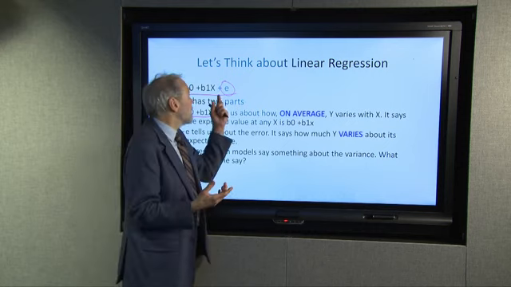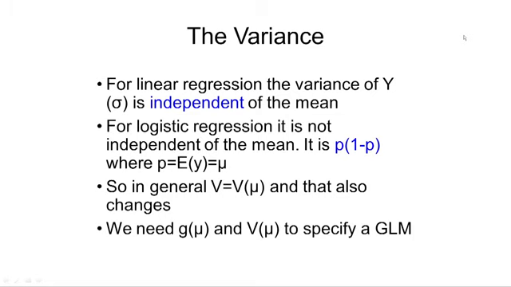So what does this one say? In linear regression, we assume the variance is some number, well, let me call it sigma squared, sigma being the standard deviation of the error, and it's some number, and it's independent of the mean, and that means it doesn't change with the mean.